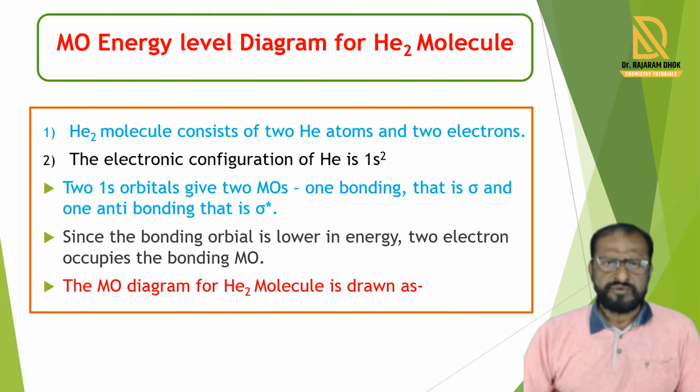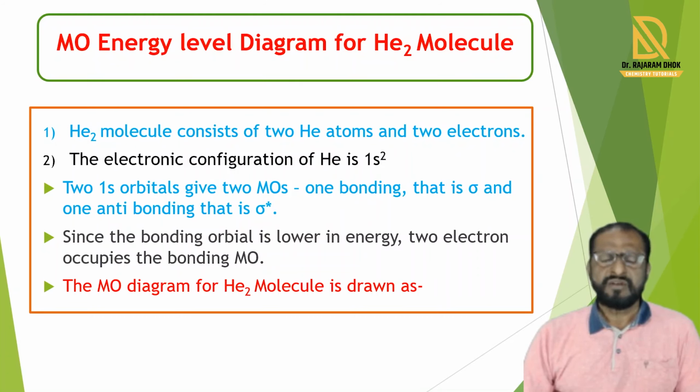The first step is the electronic configuration of helium. The helium molecule consists of 2 helium atoms with 2 electrons in each atom, so the electronic configuration of helium is 1s2. The two 1s orbitals of the 2 helium atoms give 2 molecular orbitals.